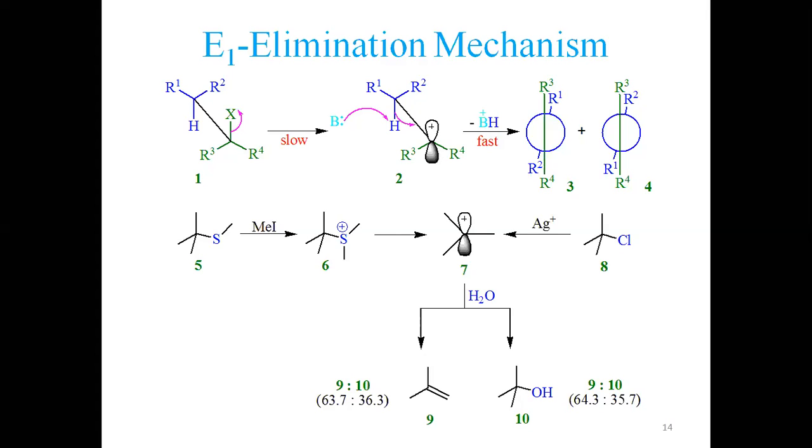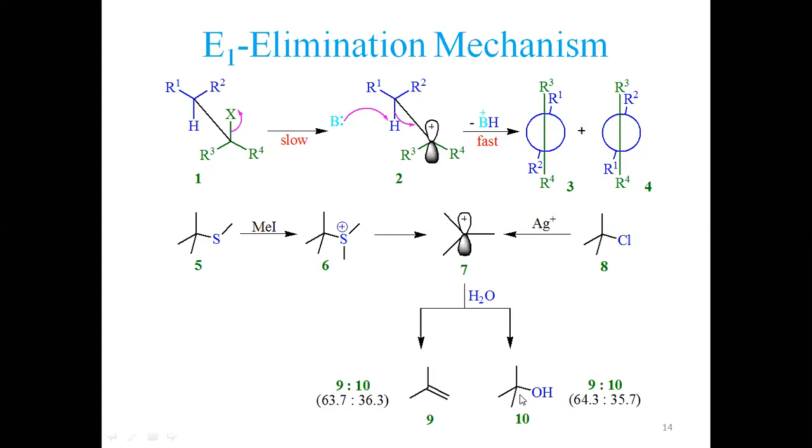If we are using this substrate, two products are possible. If water acts as a base, it picks up a proton from here, generating a double bond, which is this one. Second, if it acts as a nucleophile, it can approach this orbital, generating this product.